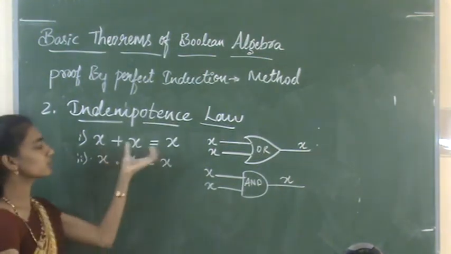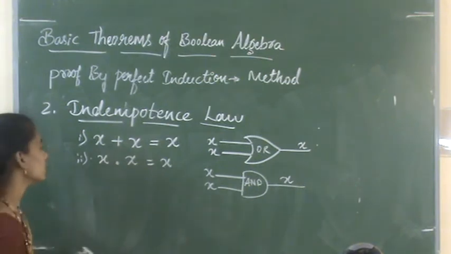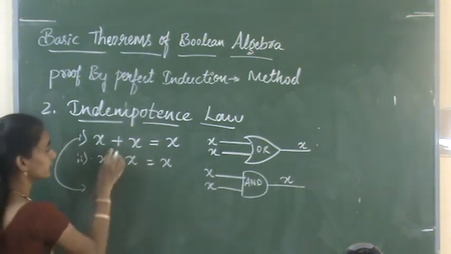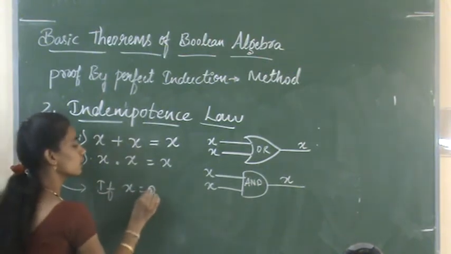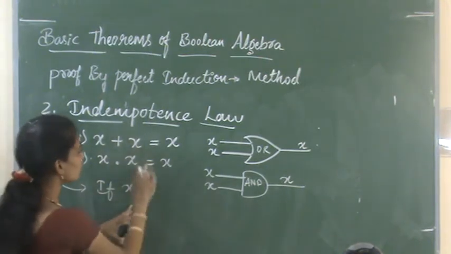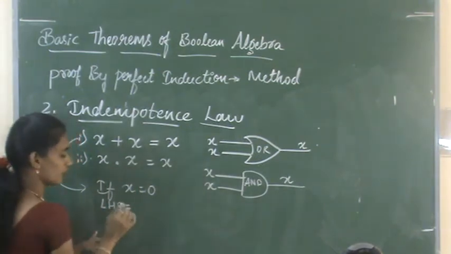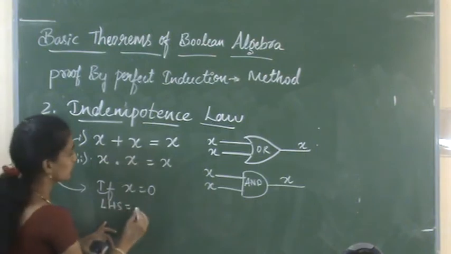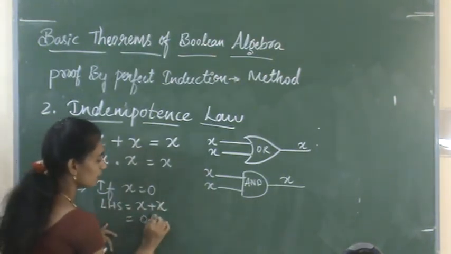So how to prove this? By the algebraic method and then the truth table. Okay. So take this as one. If I provide x equal to 0, then what will this equation be? Take the LHS. If x value is 0, it means 0 plus 0.